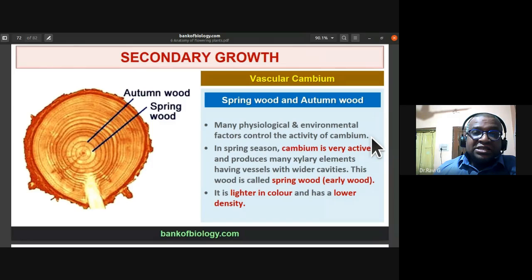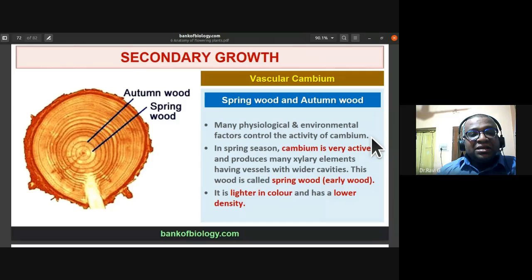So spring season itself is a season of fertility or activity. So the availability is more, photosynthesis is more. That is the reason that in spring season the environmental factors have a physiological impact on the vascular cambium.